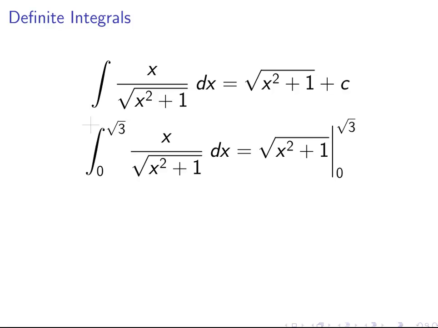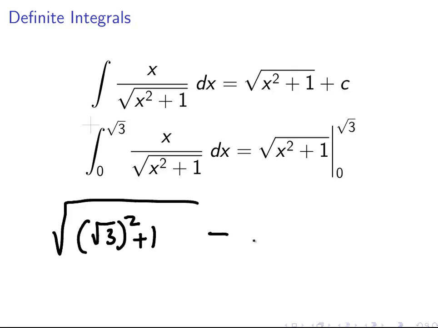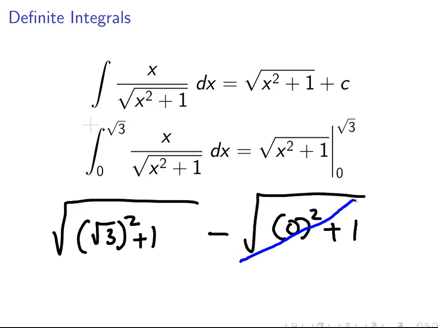The limits are the square root of 3 and 0. We evaluate for the square root of 3: the square root of 3 squared plus 1, and we subtract the evaluation for the lower limit, 0 squared plus 1. 0 squared is 0 plus 1, so the whole thing evaluates to the square root of 1, which is 1.